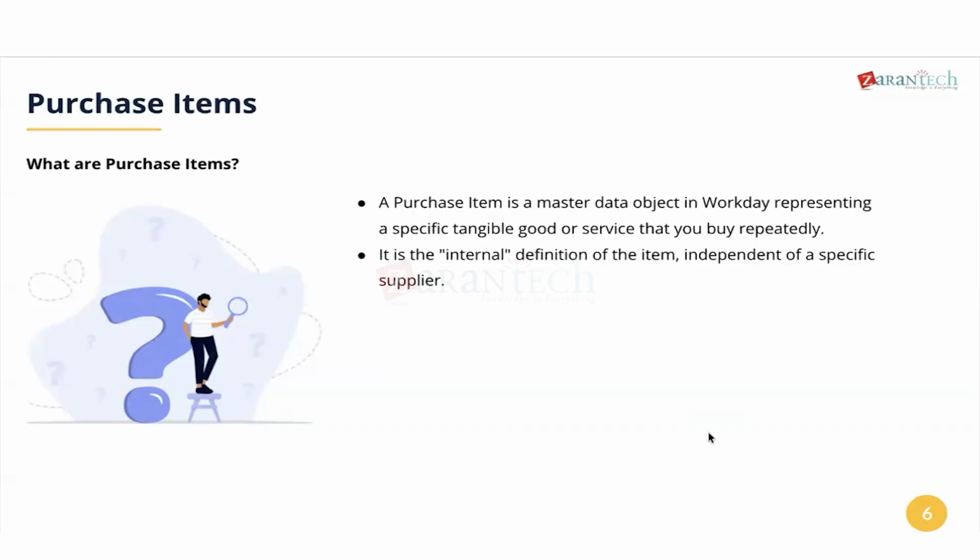The second part clears it up more. It's kind of an internal definition of the item. It's independent of a specific supplier, so here you can select any supplier that satisfies your requirement and make a purchase.